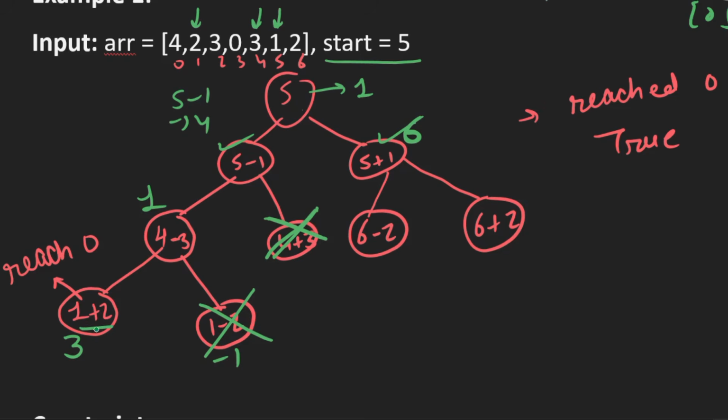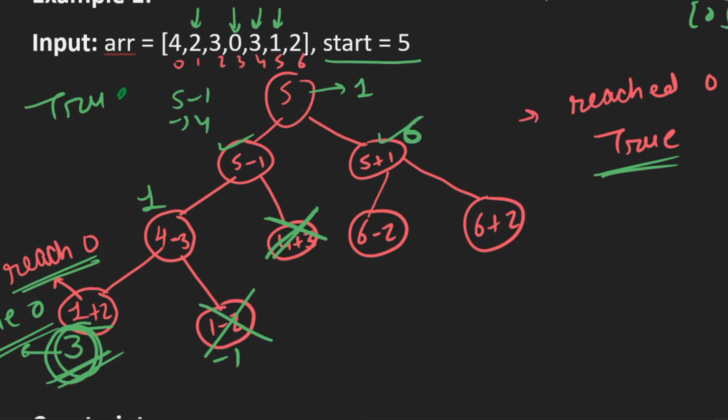At index number 3 we see we have value 0. So that is our goal, to reach an index that has value 0. We have reached it, so we return true for this example, right?